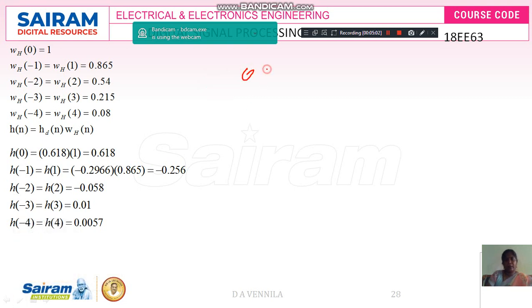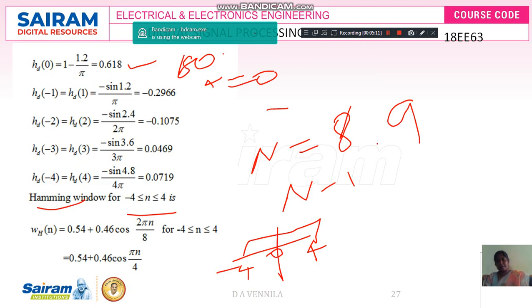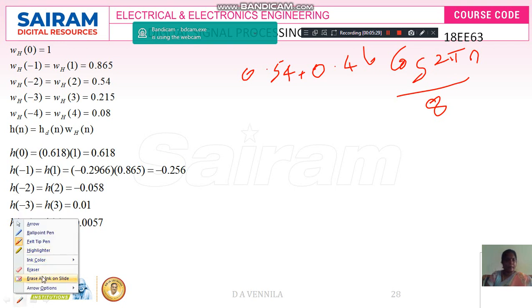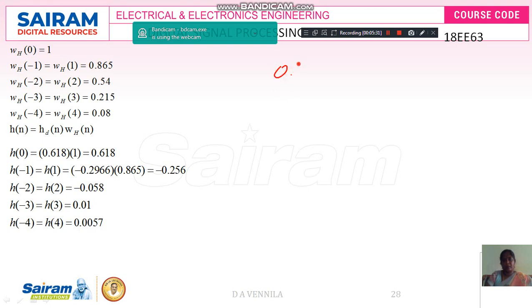It is 0.54 plus 0.46 cos 2 pi n divided by 8.